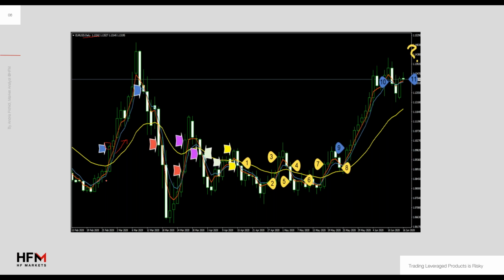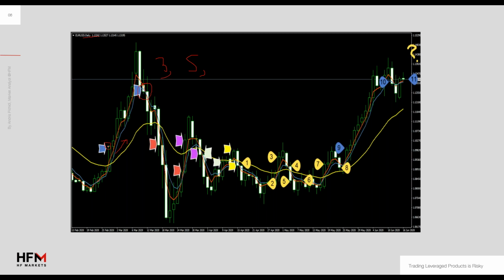You will close your position as soon as you see the other two moving averages, the 3 and the 5, crossing.